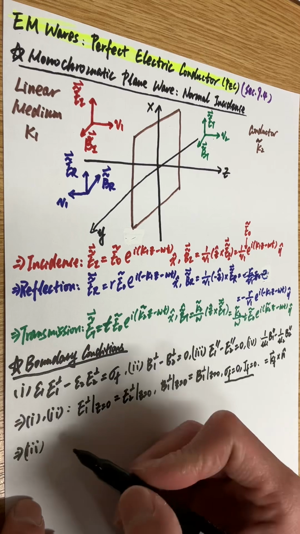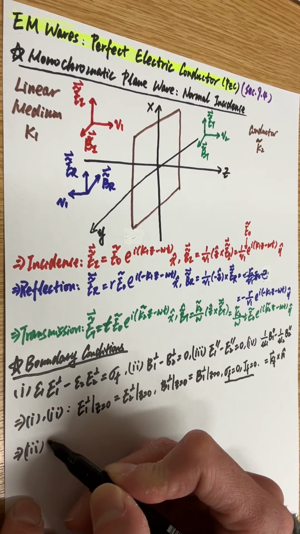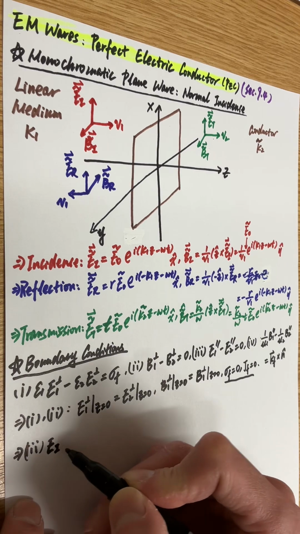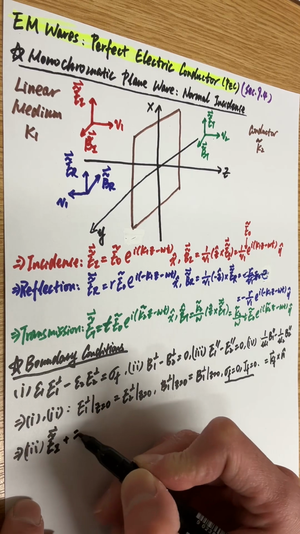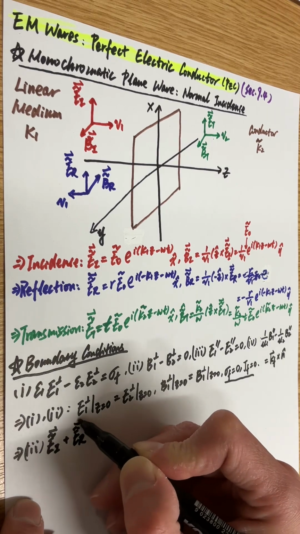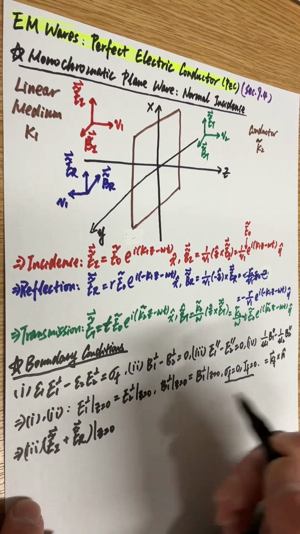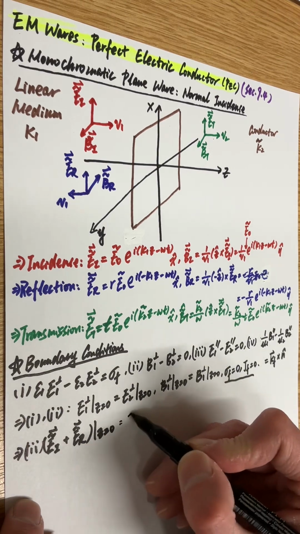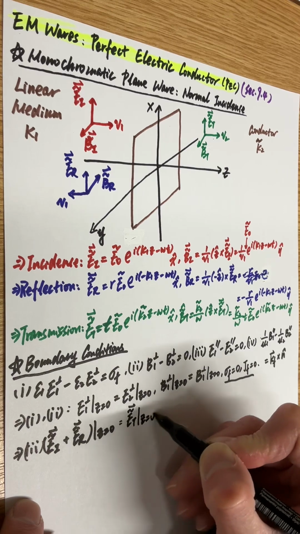So we should have EI plus ER at z equal to 0 should equal ET at z equal to 0.